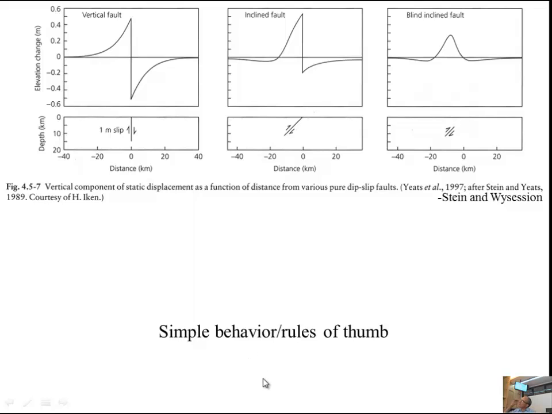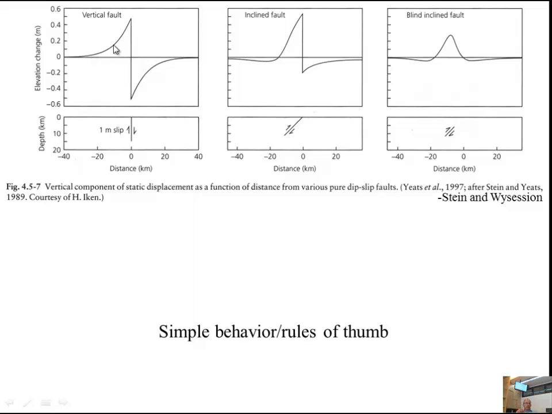So the last thing that this teaches us is, and this is not now my calculation, this is in the textbook by Stein and Wysession, so it's a geophysics textbook. They show the same thing. So you can use the same type of dip slip, and if it's a vertical fault, you have kind of symmetric displacements, and you see the depth goes down to about 15 kilometers, and if you go out about 15 kilometers, you kind of get about half of the displacement.